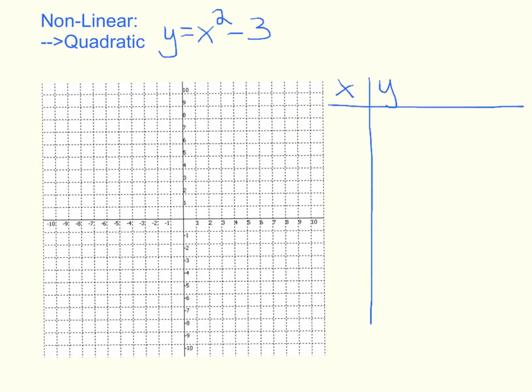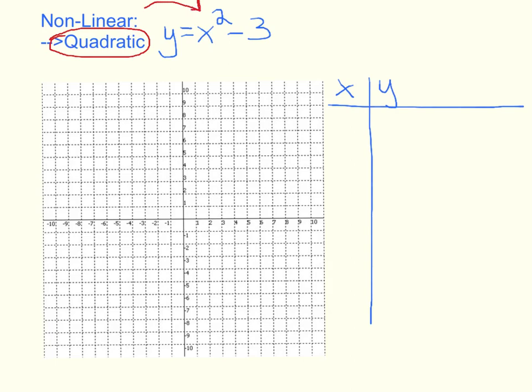In this example, we're going to graph a nonlinear function, and in this lesson we're only going to focus on a quadratic, because there are lots and lots of different nonlinear functions, and quadratic is just one of them. Quadratic is when you have an exponent of 2 in your equation.